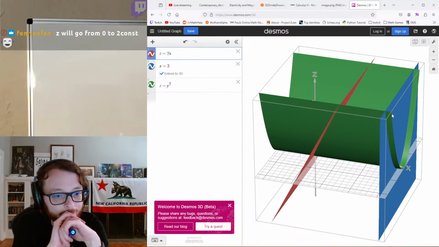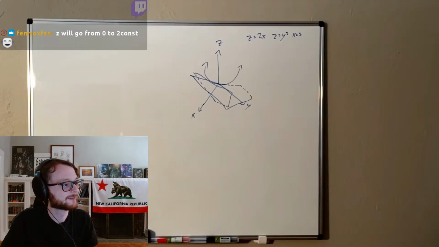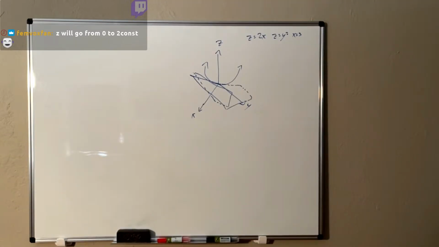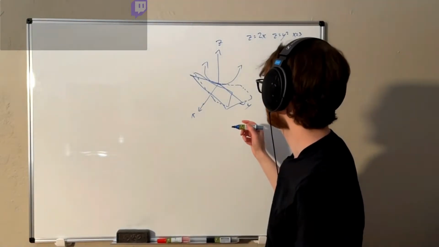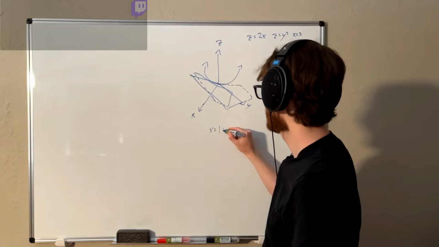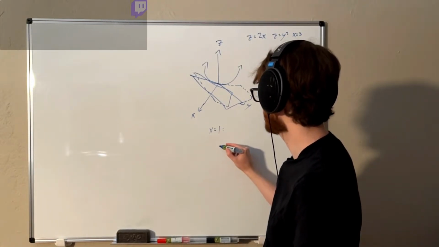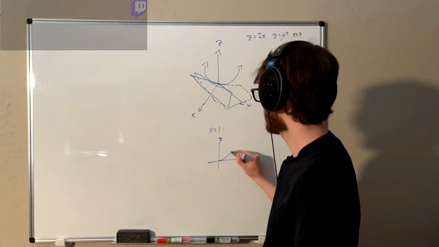So you'll go from 0 to 2 constant. A vertical line. That might be a nice way of saying it. If we take x equals 1 and we look at the yz plane, we get z equals y squared.